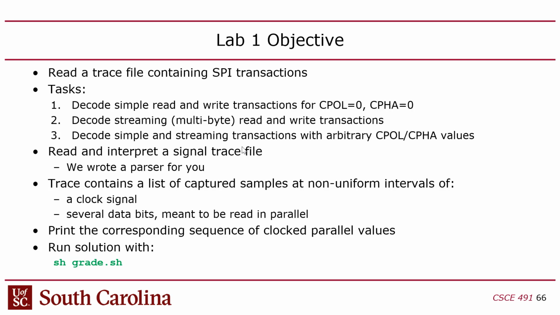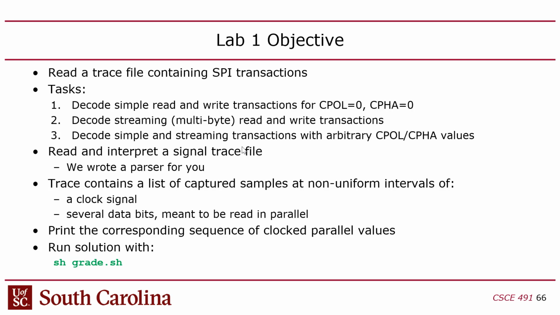The objective here is we want you to write a software-based SPI decoder, meaning we're going to give you a trace file, essentially a textual version of a timing diagram. You read that timing diagram as a text file and interpret it as transactions, and then you just print what the transaction is. For instance, read from address 11, the data was 12, or write to address 30 with data 40.